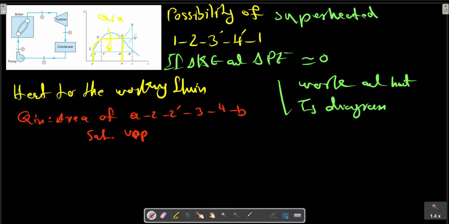The heat transfer from the working fluid, Q out, is the lower area, A 1 4 B. From the first law, we conclude that the area representing the work is the difference between these two areas.